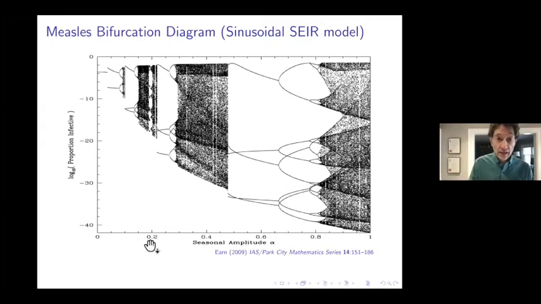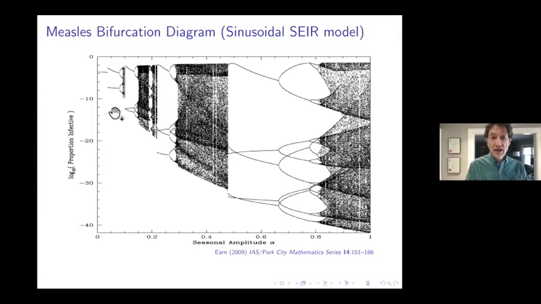If the amplitude is very close to zero, we get an annual cycle here, which means one point, because what we're doing is strobing the system once a year. And we always come back to the same point, this is the proportional prevalence, at the same time of the year.